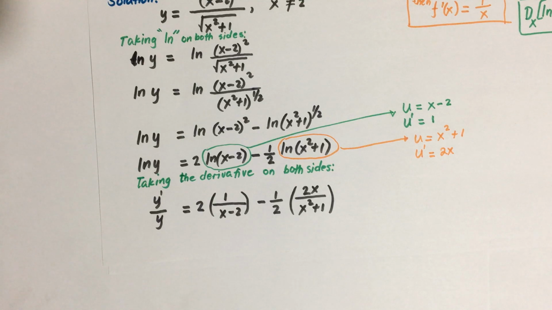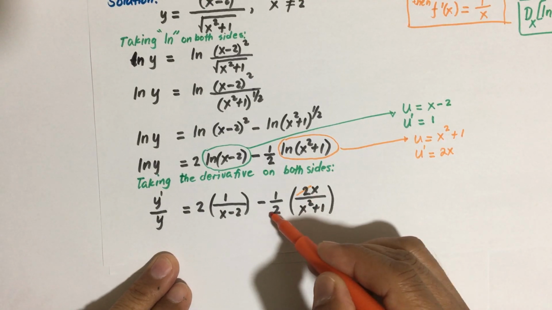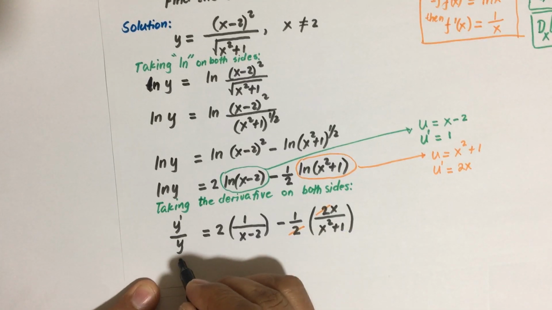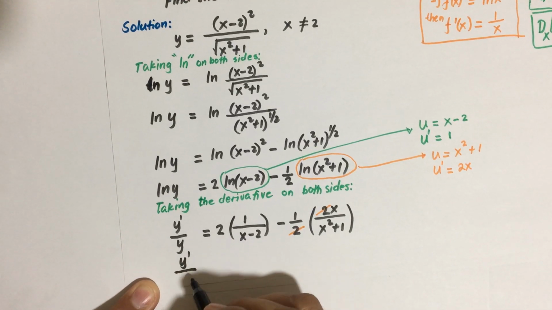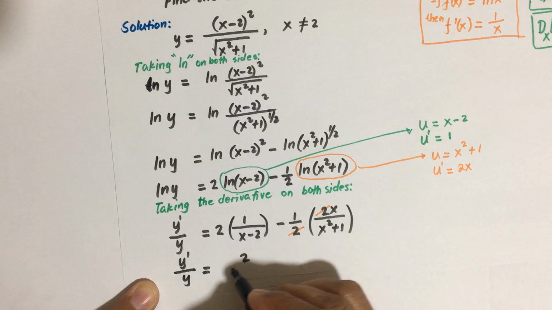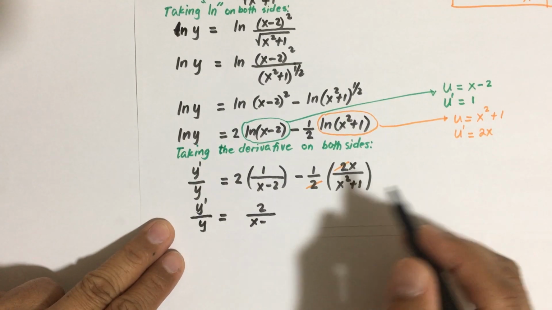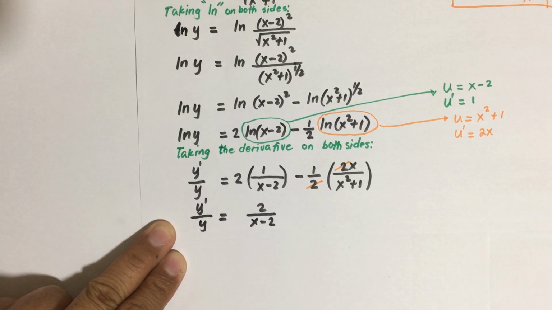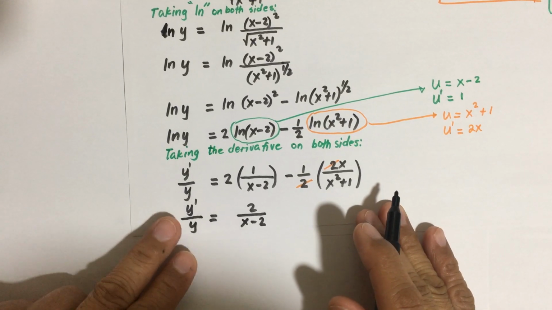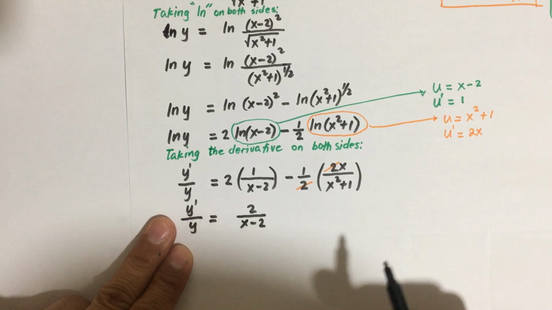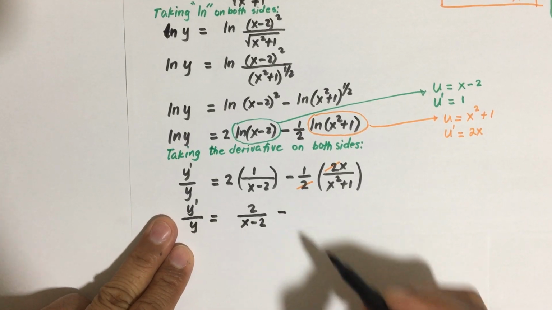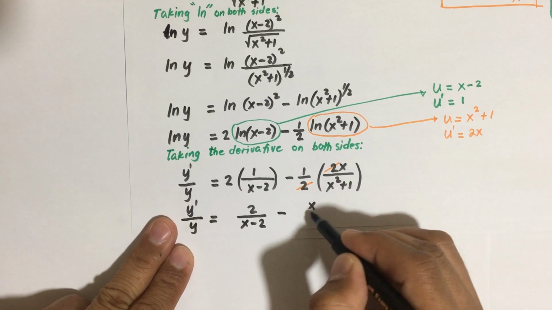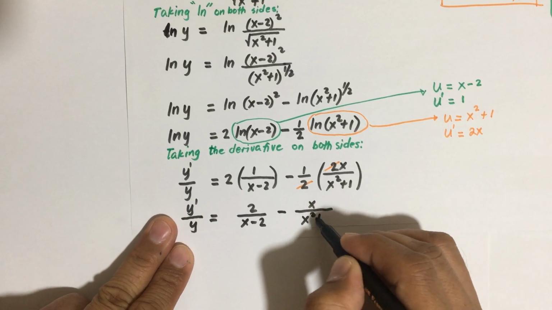Then we have 2 at the numerator and 2 at the denominator, so that becomes y prime over y equal to 2 divided by x minus 2, then minus x over x squared plus 1.